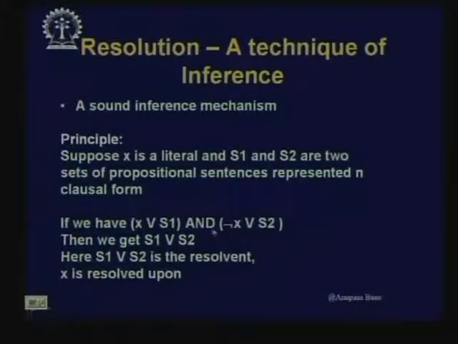Here X or not X will always be true, so that part vanishes, and we get S1 or S2. This entire thing is called the resolvent. That means these two clauses we have resolved in order to get this, and X has been resolved upon.